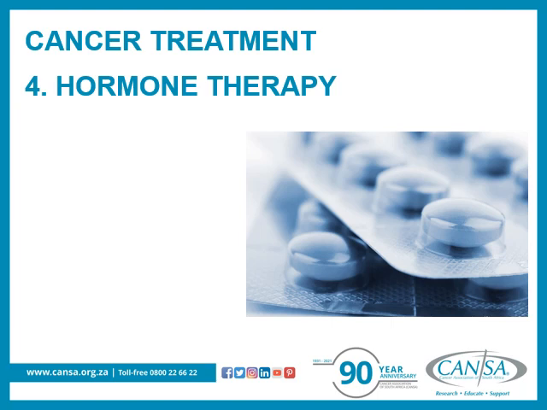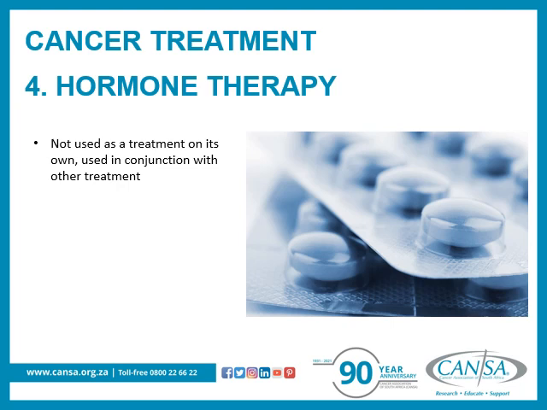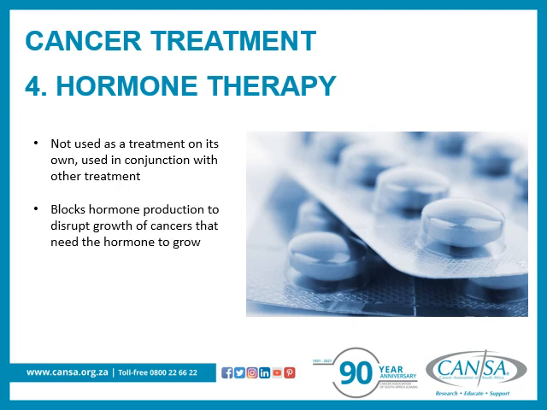Hormone therapy is a cancer treatment for specific types of cancers that use hormones to grow, like prostate cancer and some breast cancers. Hormone therapy is not used as a treatment on its own, but it is usually given as an additional treatment. It works by blocking or interfering with the production of the hormones that help the cancer to grow and reproduce.